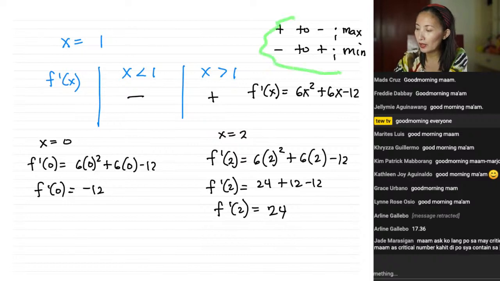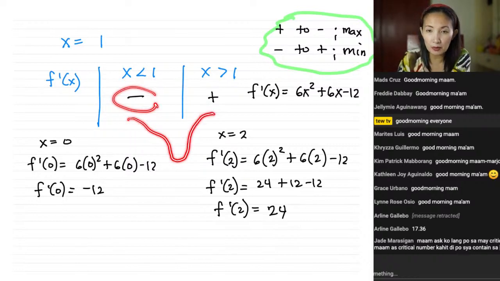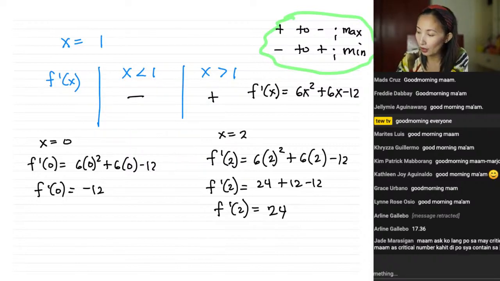Okay, what did we say? From negative, that's decreasing, going down, and then suddenly going up. So, it's a minimum. You get that? Okay. So, from negative to positive, f prime of x less than 0 becomes f prime of x greater than 0, then it's a minimum.